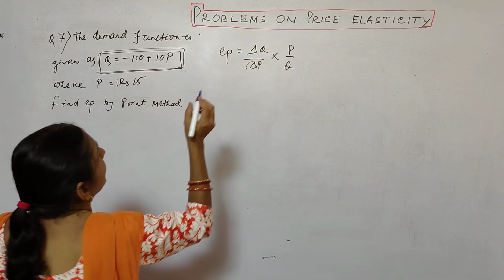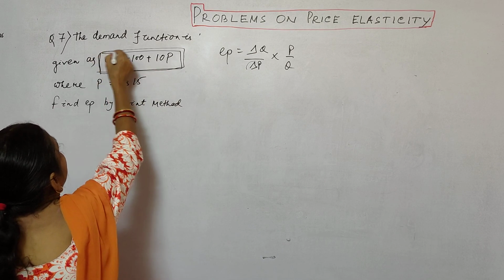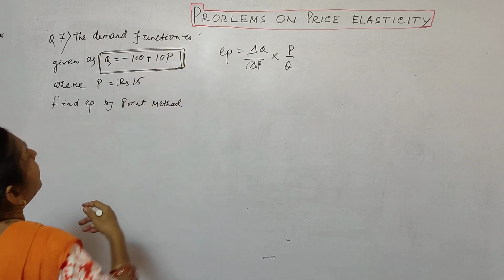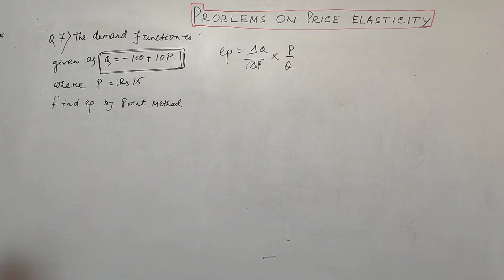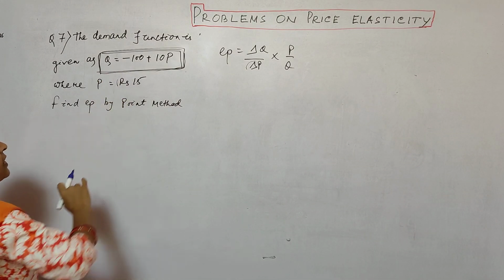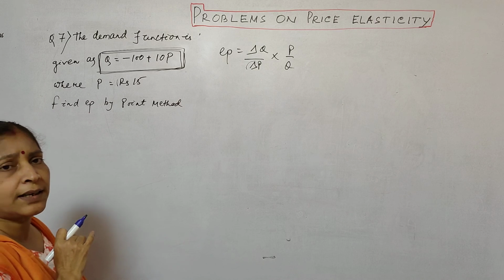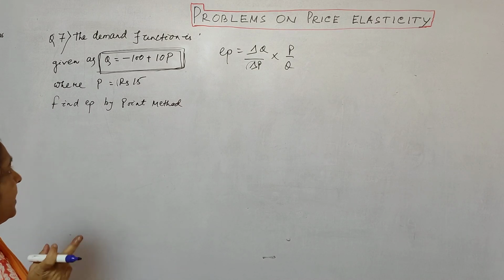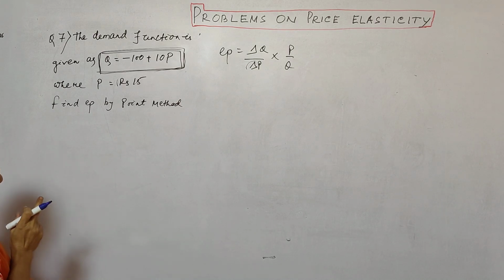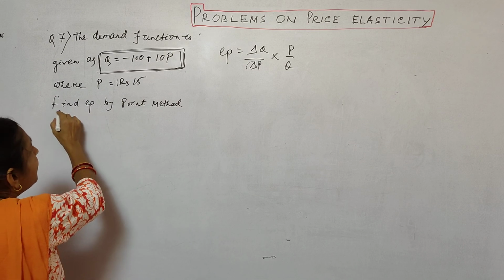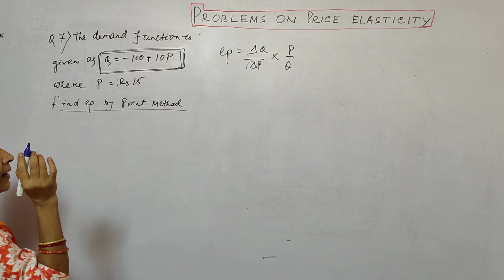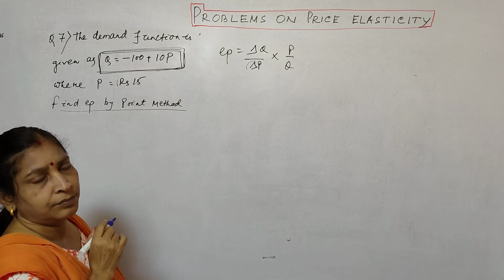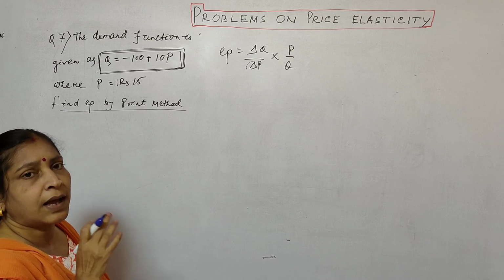Now friends, you see here, this is in the form of an equation. We know that this is the equation of a straight line, y equals mx plus c. In the point method, the demand curve is linear, a straight line, downward sloping.